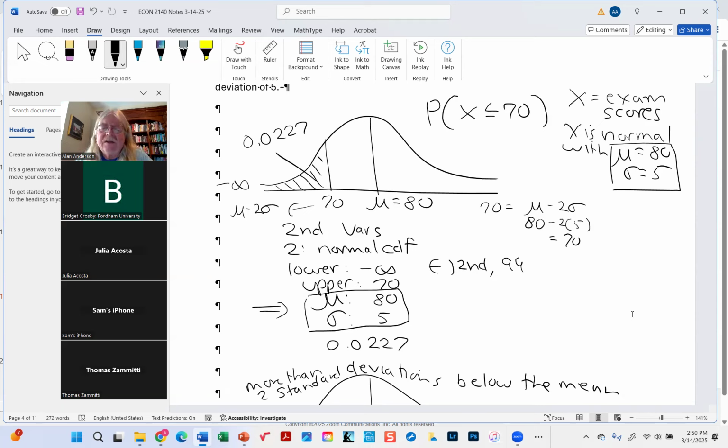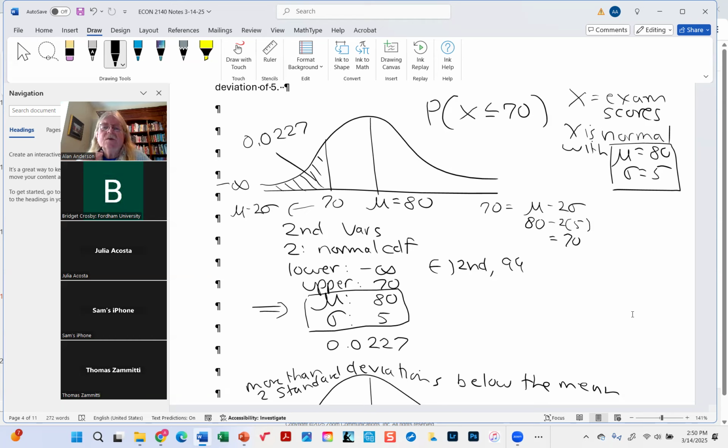So if that happens to you, just remember, when you get your answer, it'll probably be either extremely large, like 0.999999, or extremely small, like 0.00000 something. That would be a sign to you that something's not right. It's not impossible, but not likely for those to be the right answer. So double check, make sure you have the right mean and standard deviation, and chances are that's where you made the mistake.